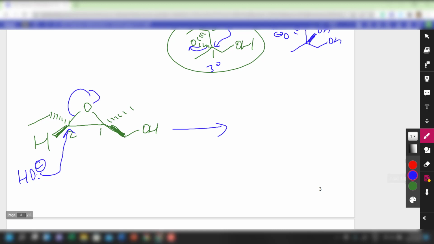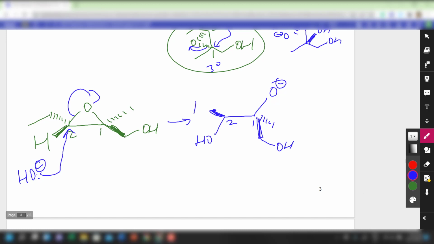When I attack carbon number 2 and the ring opens, I end up with this OH on carbon number 2, carbon number 1, O minus. Project in, project out, and the H like this. This will then undergo acid-base neutralization with H2O to get the product.